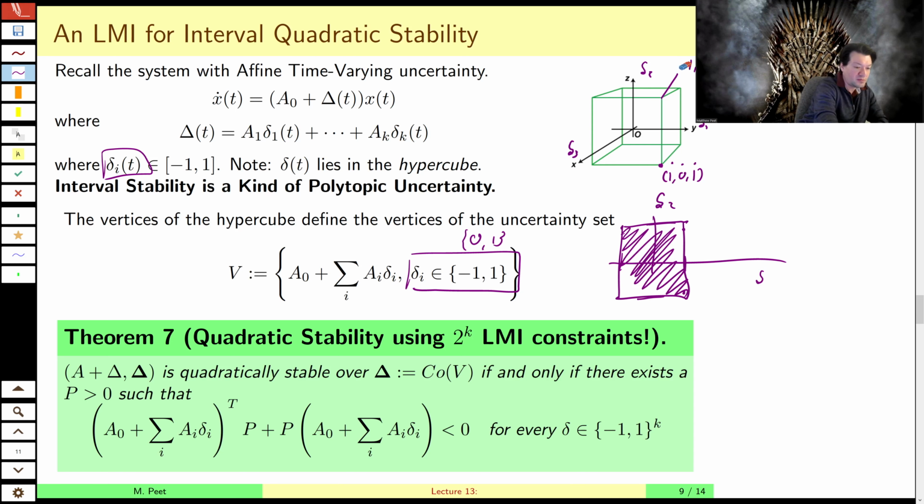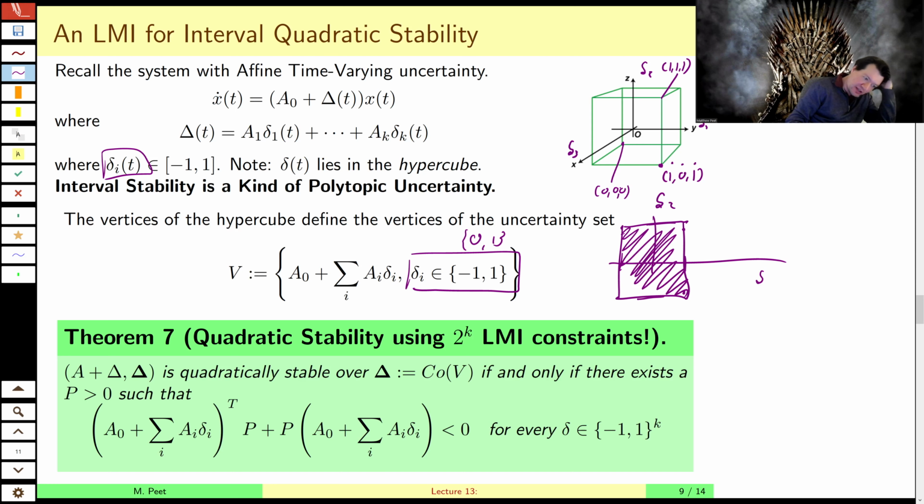This corner here is 0, 0, 0. The important point is that a cube is a polytope.